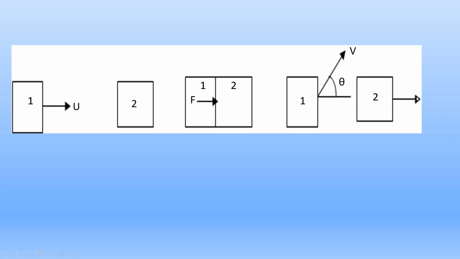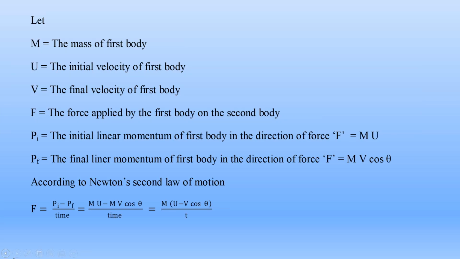So in this second example, F equals mu minus m v cos theta divided by t. Here the initial velocity is in the direction of force F, and the final velocity is inclined to the direction of force F.